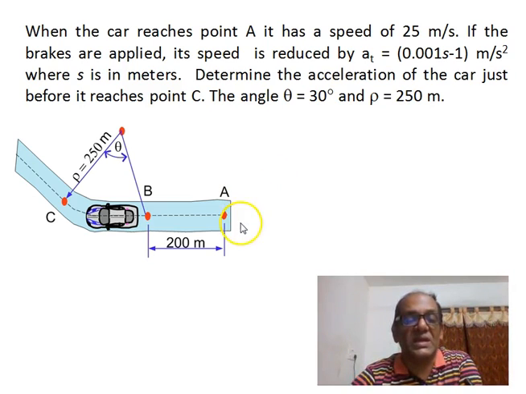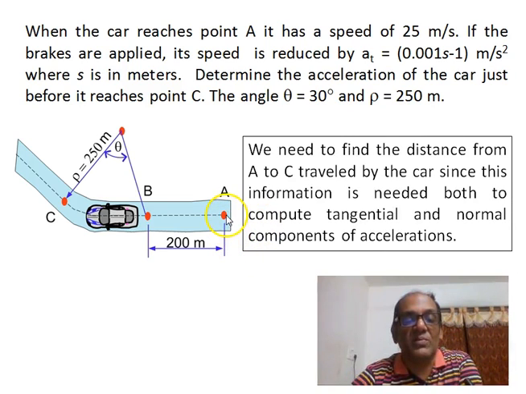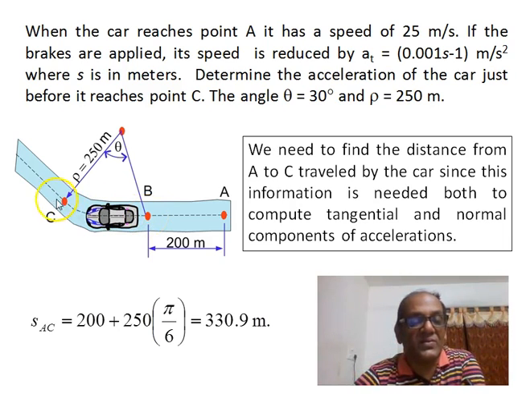Step 1 we notice is, because acceleration is given in terms of distance, we need to know the distance traveled by the car as it goes from A to B and B to C. That is, the distance from A to C we need to compute. We can clearly see the straight line distance AB, that is 200 meters, added to the circular arc distance BC.